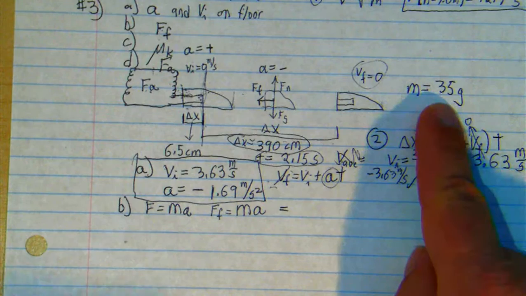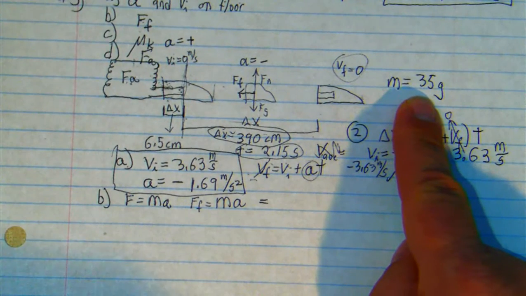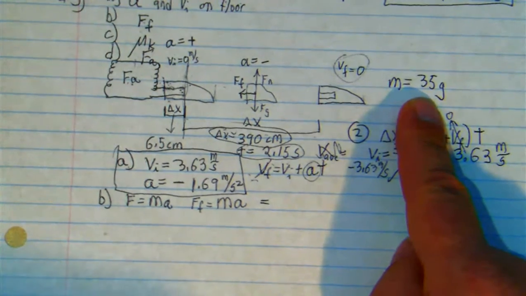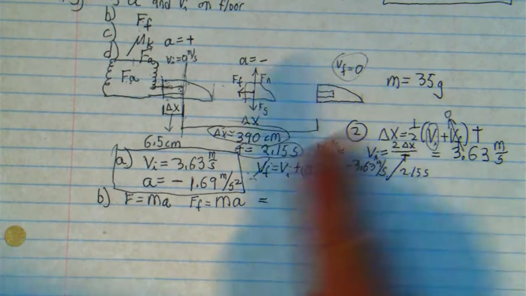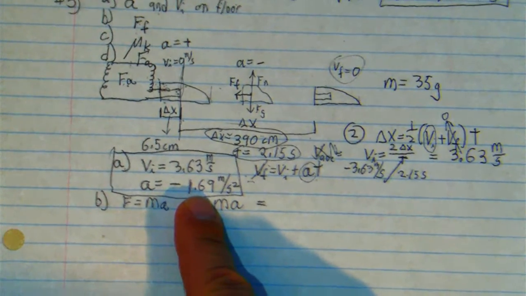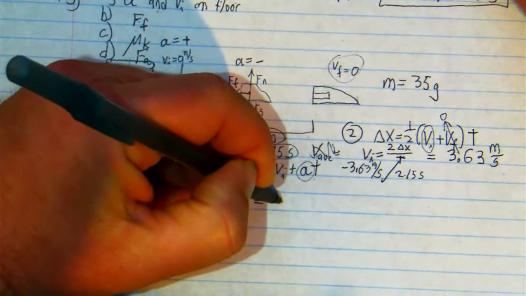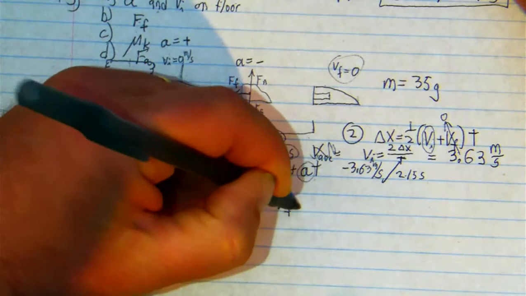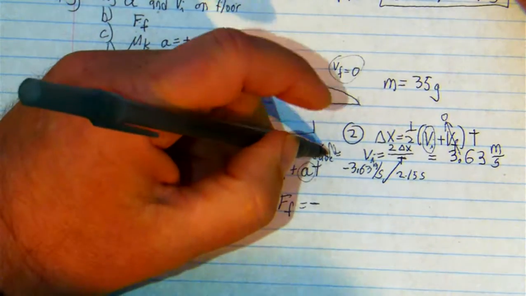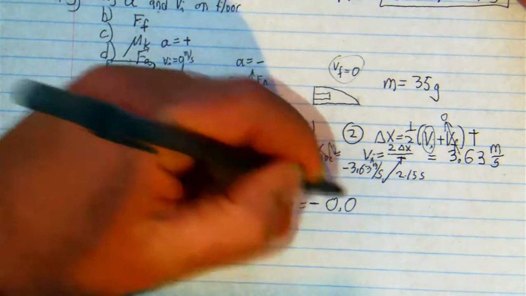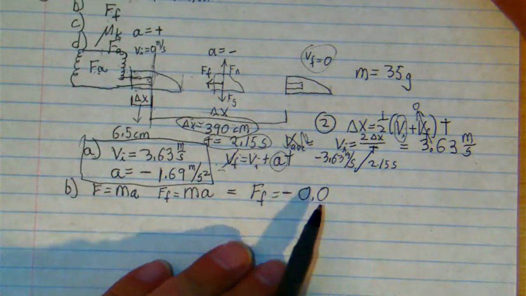The mass is 35 grams, which is 0.035 kilograms. Multiply that by negative 1.69 meters per second squared, and the force of friction is negative because it's trying to stop it, 0.0. These are just placeholders.